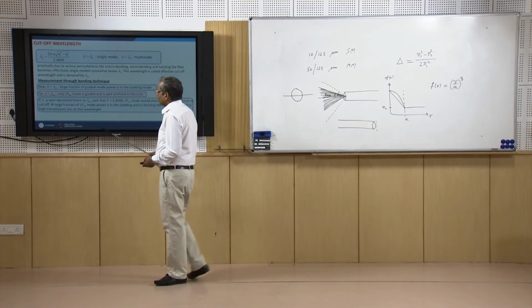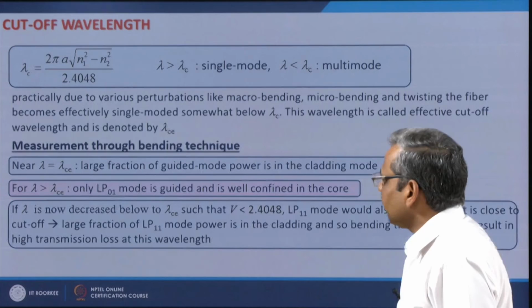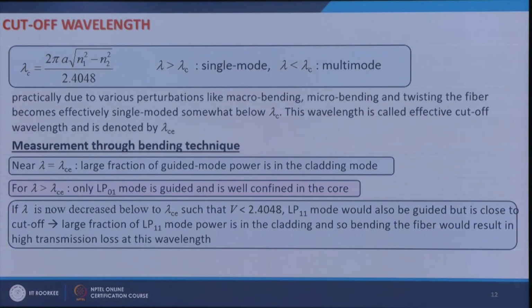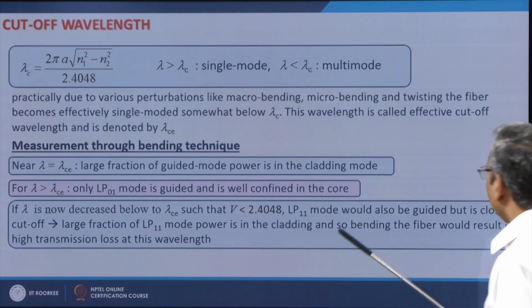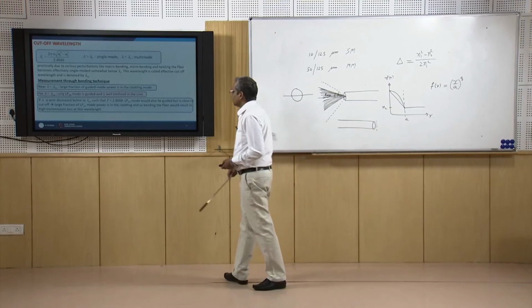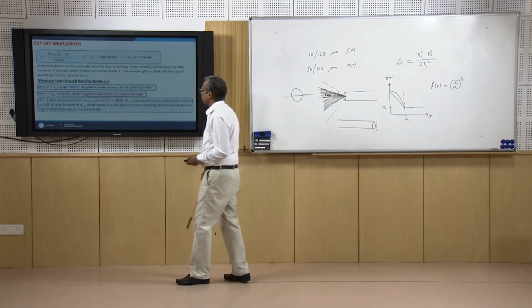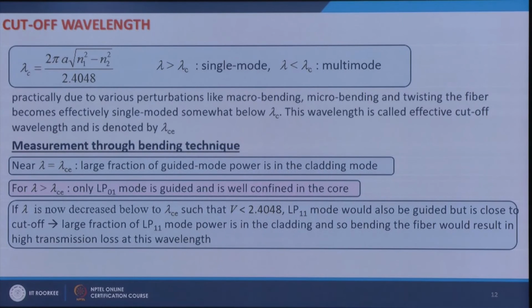Now, if I decrease lambda below lambda ce such that V is greater than 2.4048, then the LP11 mode would also be guided, but it is close to cutoff.